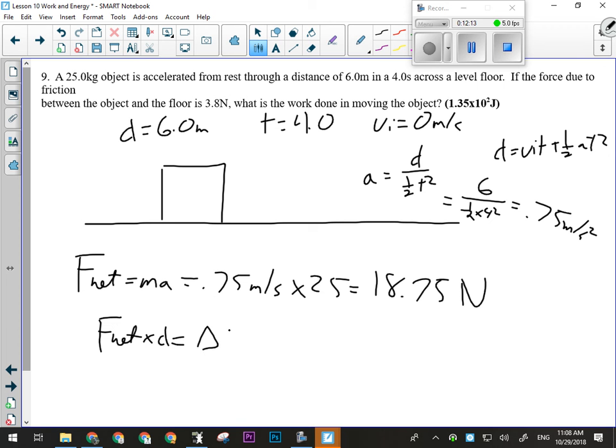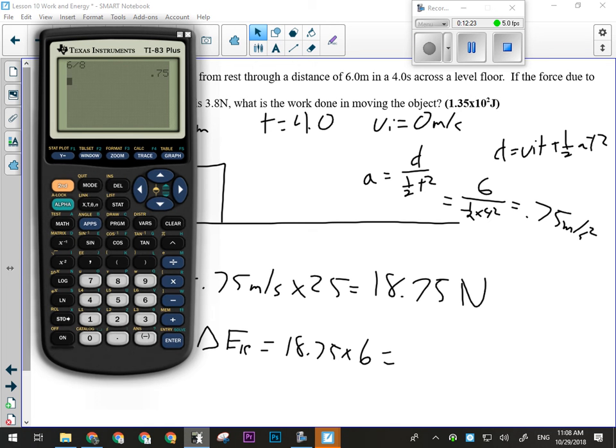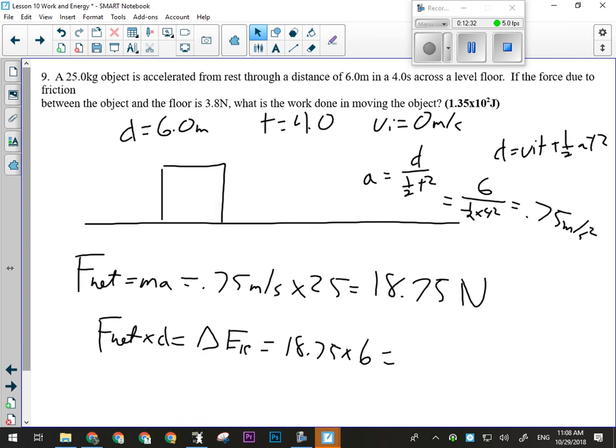So that'll be 18.75 times 6, which is 112.5. So we got 112.5 joules worth of work being done just to accelerate the object.